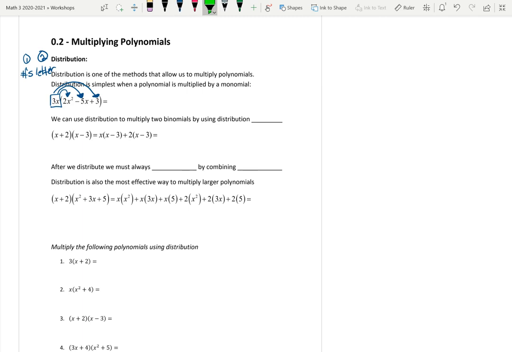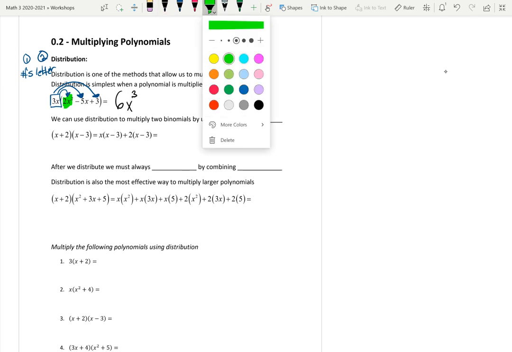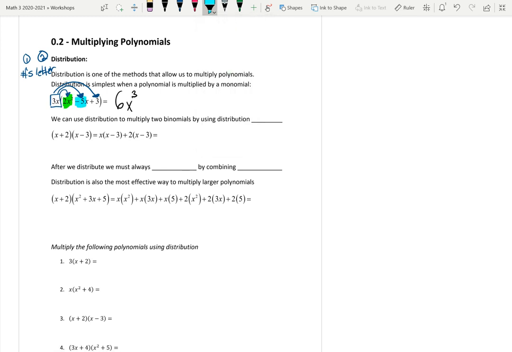So I'm going to go ahead and do 3 times 2, which is 6. And then x times x squared is going to result in a total of 3 x's, so x cubed. For the next one, I'm going to distribute 3x to negative 5. What is 3 times negative 5? Negative 15.